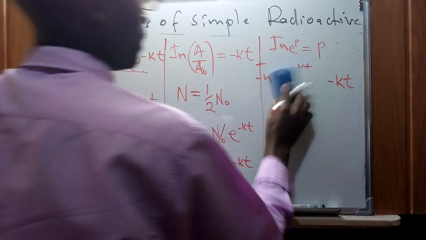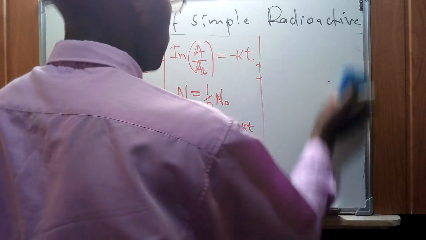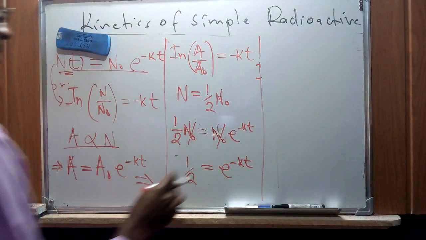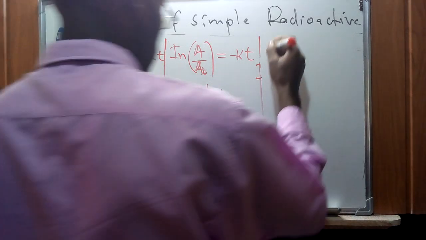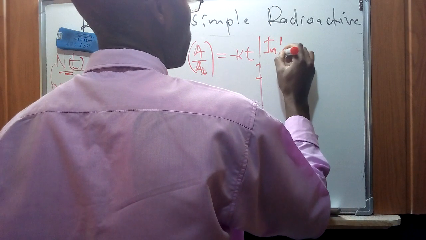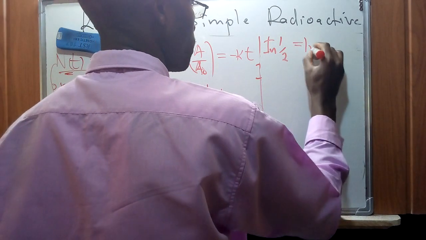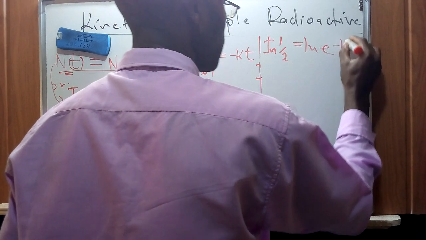That is basically the concept that we are trying to imply here. So our next step is going to use that concept. If we find the natural logarithm for both sides, we're going to have the natural logarithm of a half equals the natural logarithm of e^(-kt).